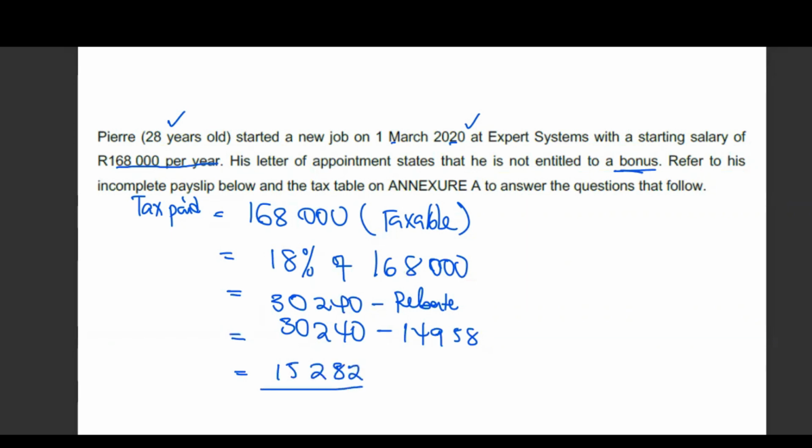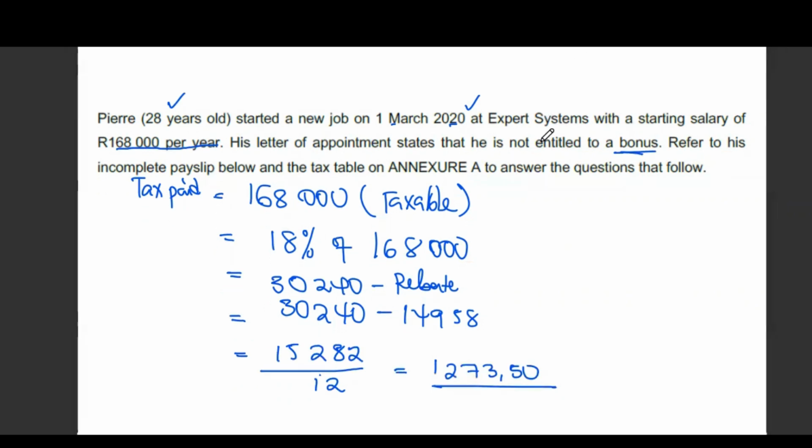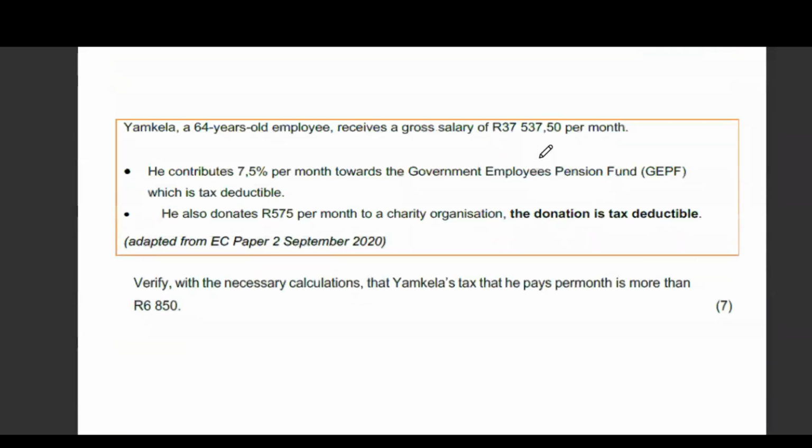Sorry, this is annual. So if you need monthly, you divide that by 12. So per month, the person pays 1,273.50 cents. This is per month.